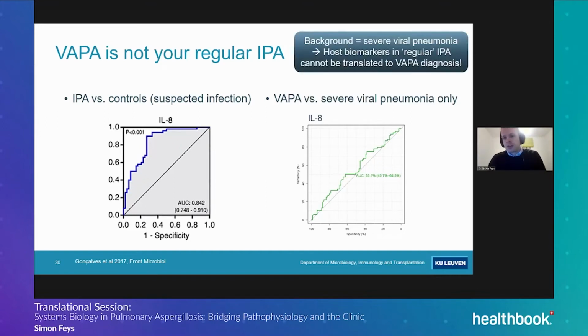This is, of course, because our background is severe viral pneumonia, and these patients all have very large disturbances in their cytokines. So we should be careful with translating host biomarkers identified in regular IPA populations to the VAPA population. And also, I think that a combination of markers will be very important.